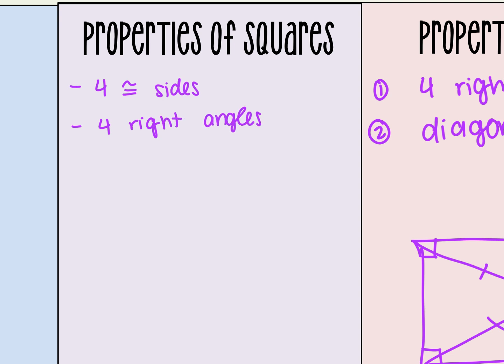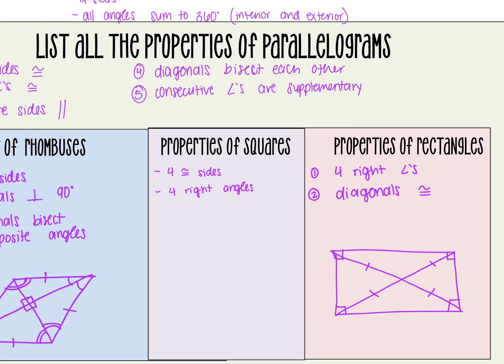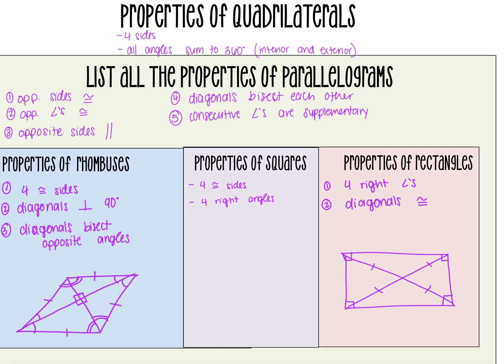Okay, there are plenty for squares. So when I'm looking at this one, what else do I know? I know squares have the properties of rhombuses. Squares also have the properties of rectangles, and they also have the properties for parallelograms. Okay, rhombus also has the properties of parallelograms as well as my rectangles.